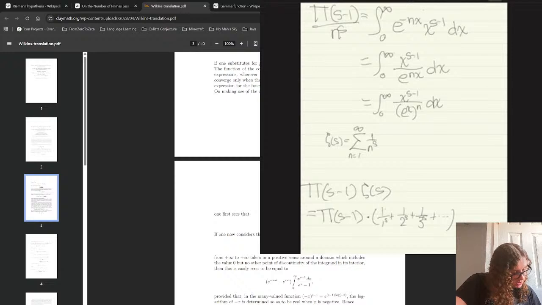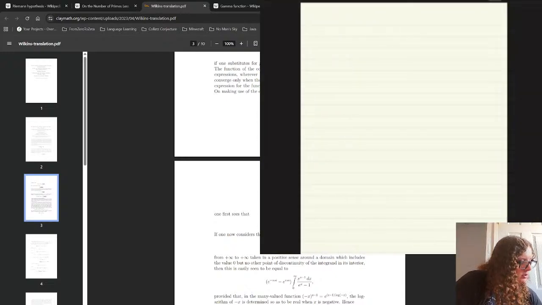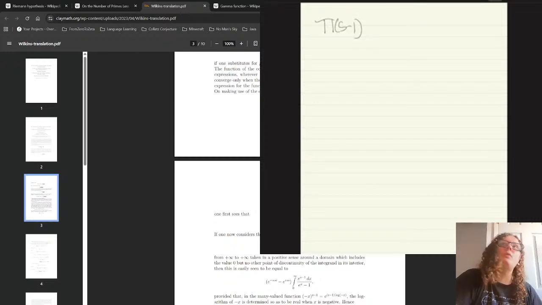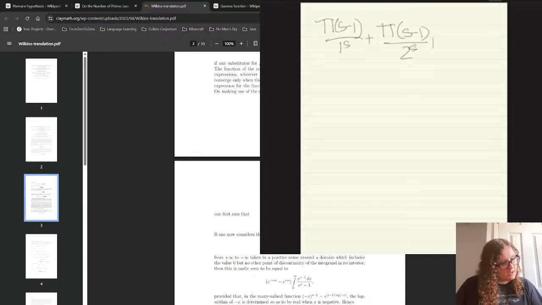Then we can split this up into a sum. Here, I'll do it on a separate page: capital pi of s minus 1 over 1 to the s plus capital pi of s minus 1 over 2 to the s, etc.